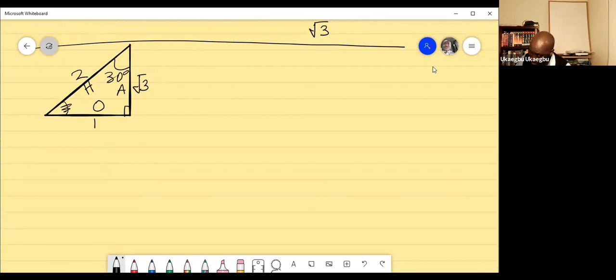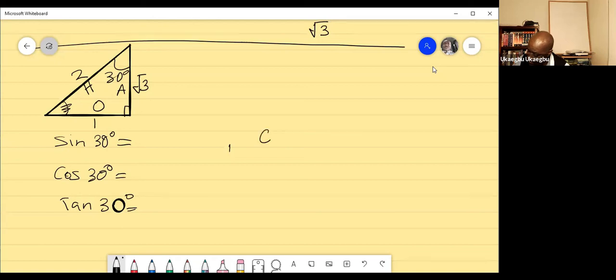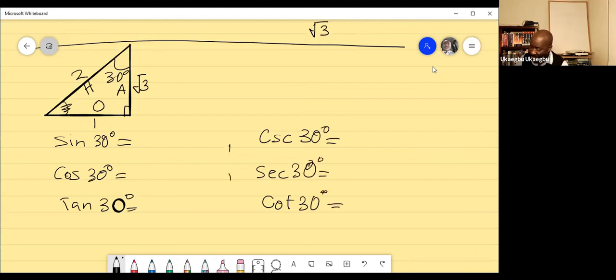So we are going to write sine 30 degrees, cos 30 degrees, and tangent 30 degrees, and then we repeat the process with cosec 30 degrees, secant 30 degrees, and cotangent 30 degrees. Write it out. No use of calculator. Leave your answer in radical form.